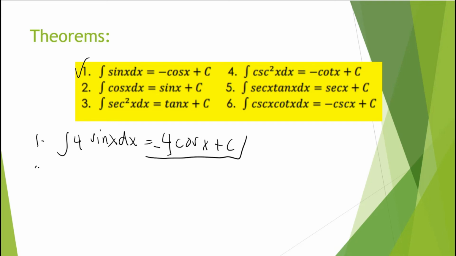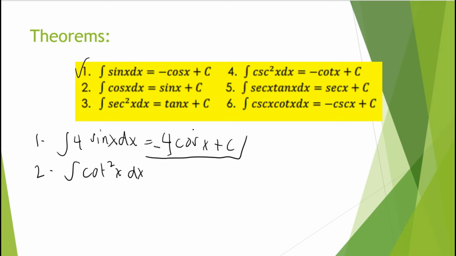Okay, another example. Let's say we have the integral of cotangent squared x dx. Kung mapapansin nyo, class, walang cotangent squared x na formula dito. So, what are we going to do?